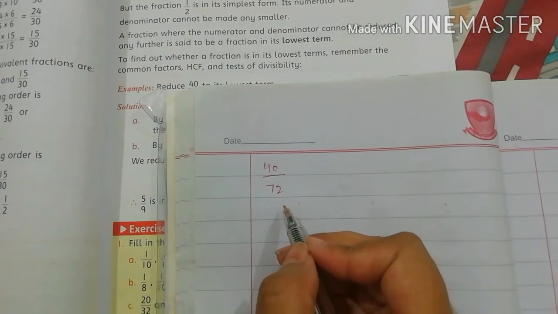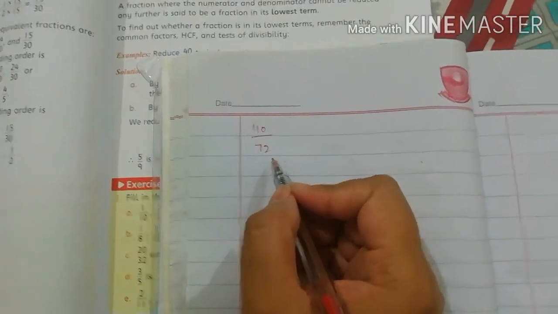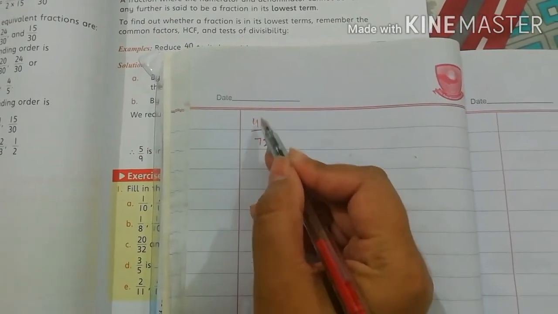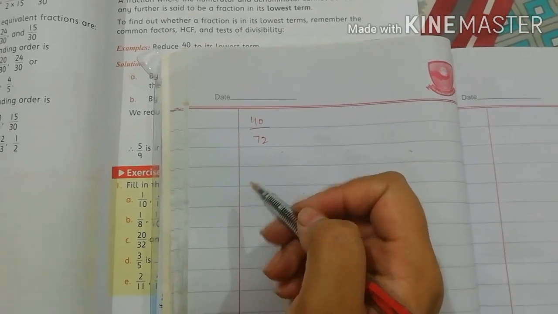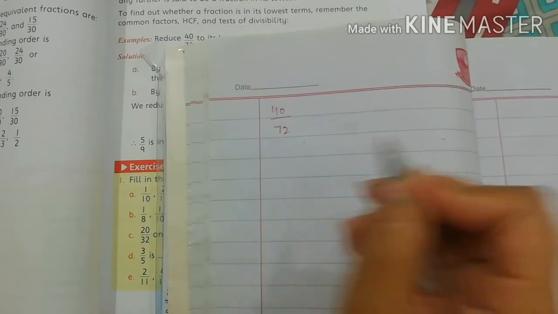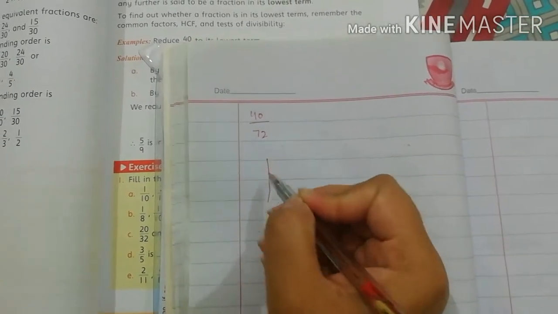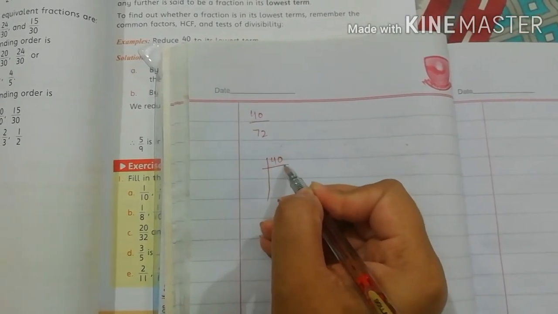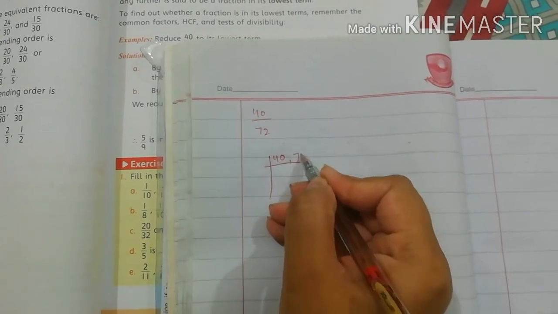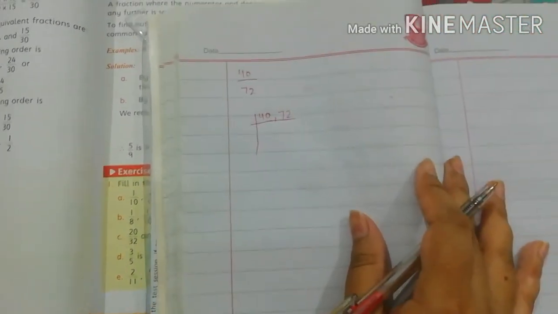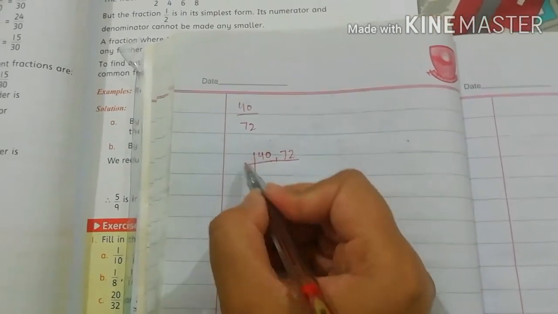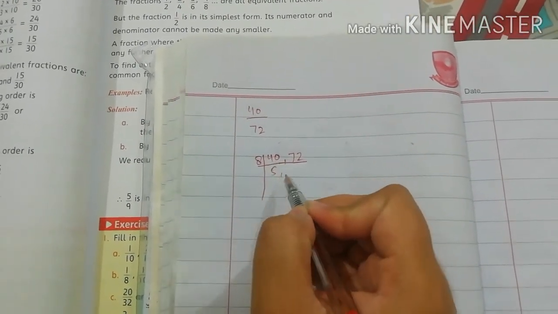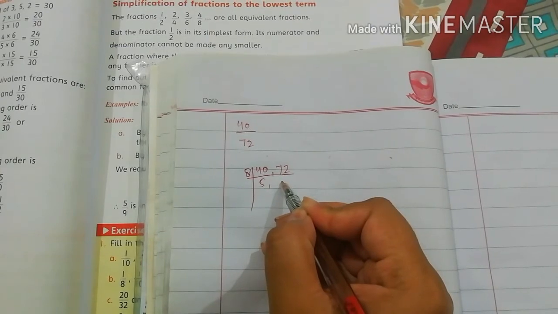Dear students, we already know that 40 and 72 come in the table of 8, okay. We have to find their HCF. So the 40 and 72. We will find the common factors. 8 5s are 40, 8 9s are 72.